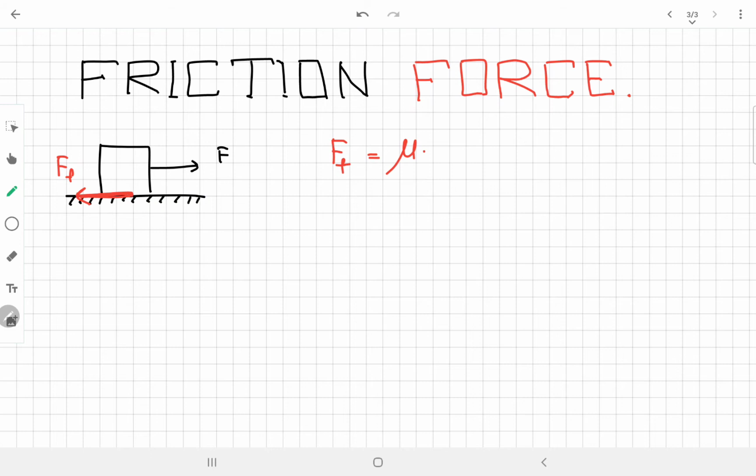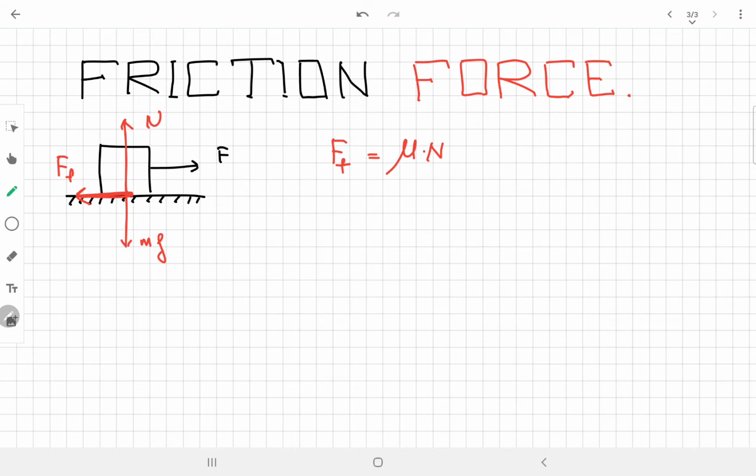Maximum, you should be careful. So this coefficient of friction you should multiply by normal force or reaction force, which is perpendicular to the surface. Downward, for example, we have weight. This part is important. Maximum friction force equals the coefficient of friction times normal force, or reaction force.